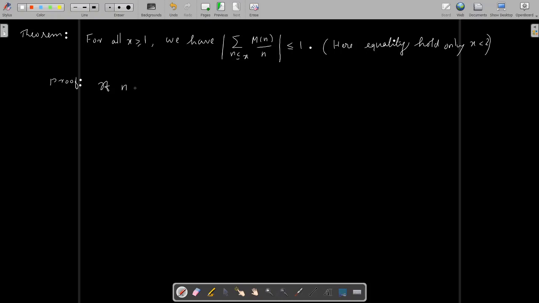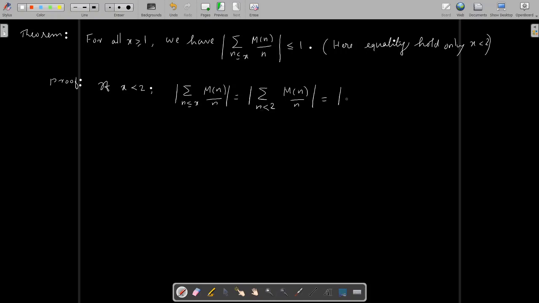If x is less than 2, the only possible value of the sum sigma n less than or equal to x mu of n by n contains only one term. So the only possible value of n is 1.